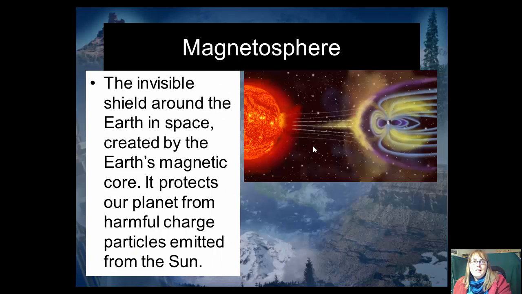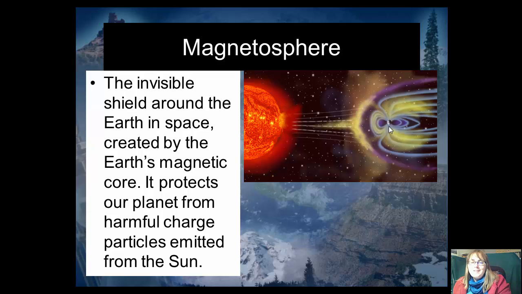The last sphere is the magnetosphere, and the magnetosphere is basically like a super shield around the Earth. It helps protect all of the biosphere, so both the plants and animals that live on the Earth. It protects us from any of the solar particles coming off the sun.